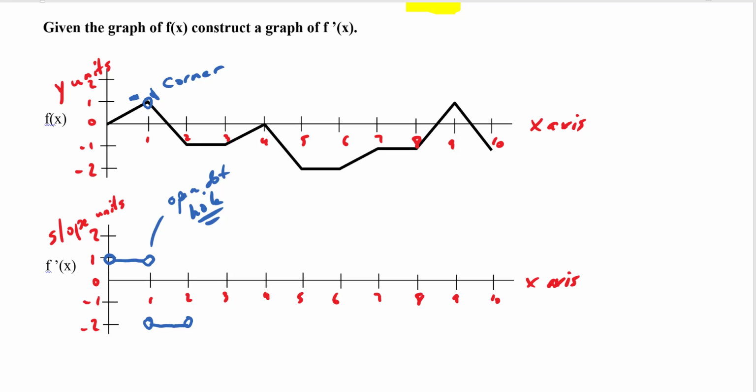What's the slope between 2 and 3? The slope is 0. What about between 3 and 4? It's 1. That's pretty easy, right? The slope between 4 and 5 is negative 2. The slope between 5 and 6 is 0.